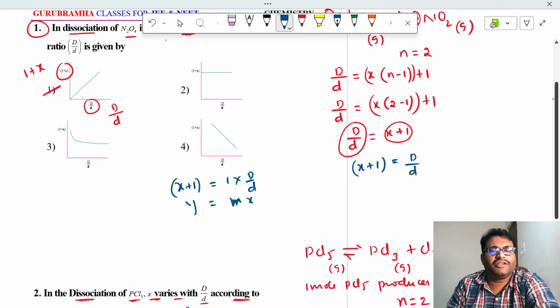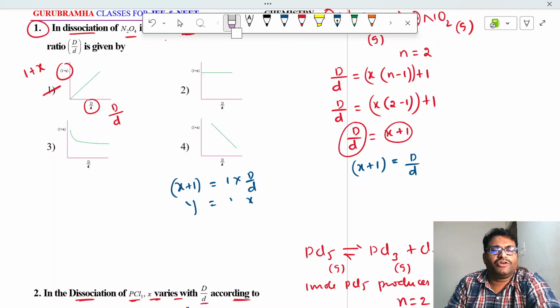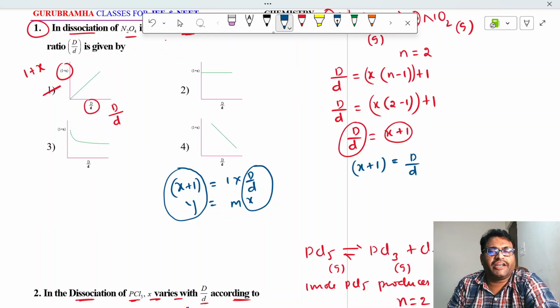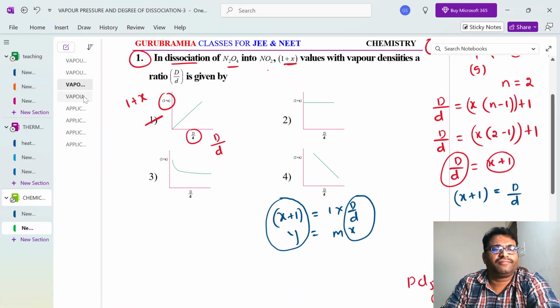On the y-axis we take x plus 1 and on the x-axis D by d, so they are directly proportional. So it is a straight line passing through the origin. Understood? Okay, let us see the next one.